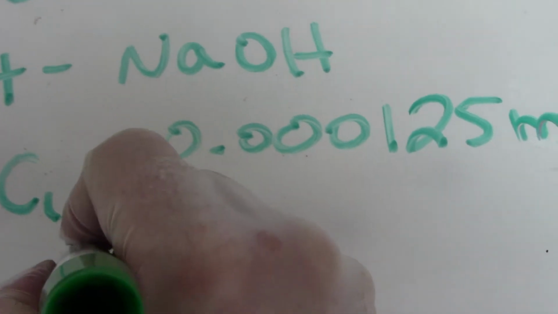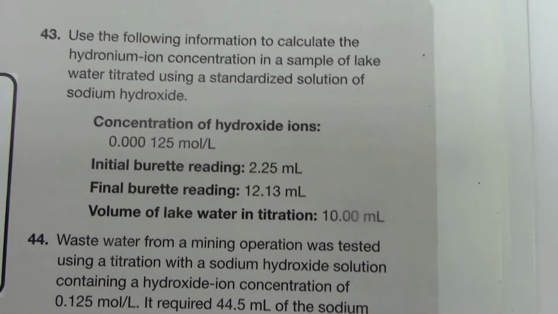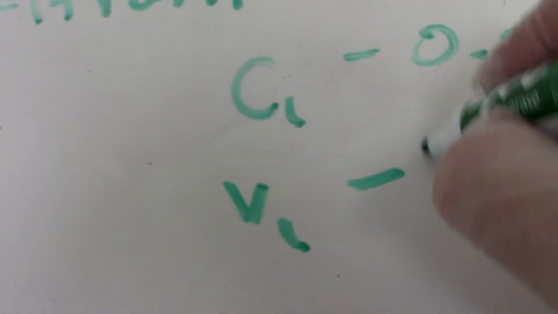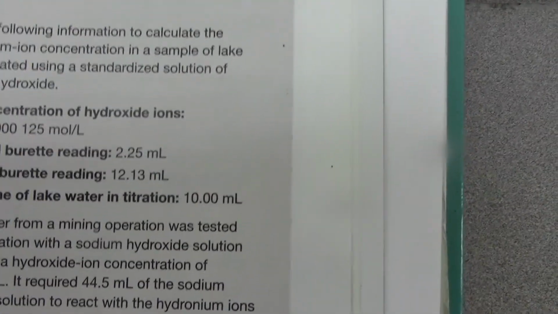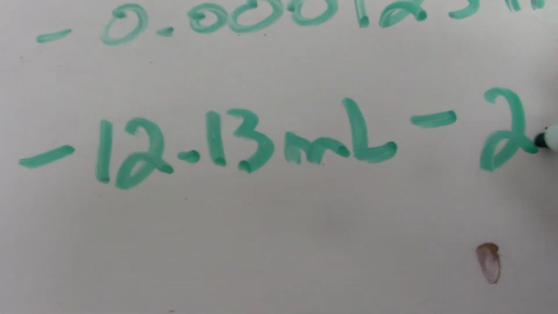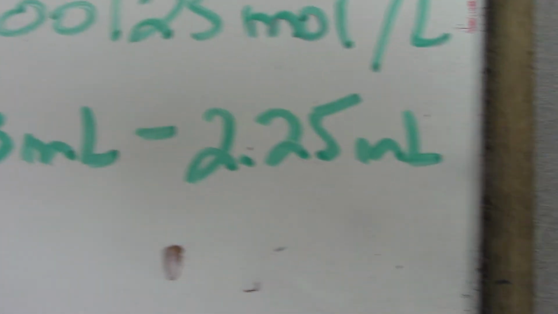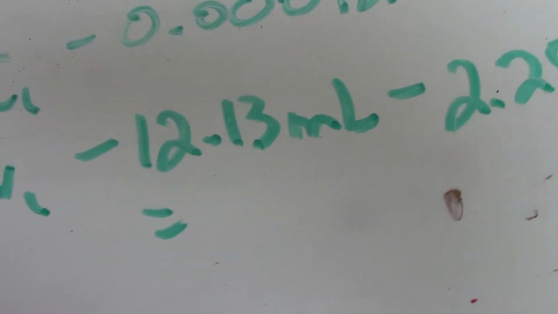My volume is from here. So my volume is 12.13 mL minus 2.25 mL. That was how much was required to neutralize the sample of acidified lake water.